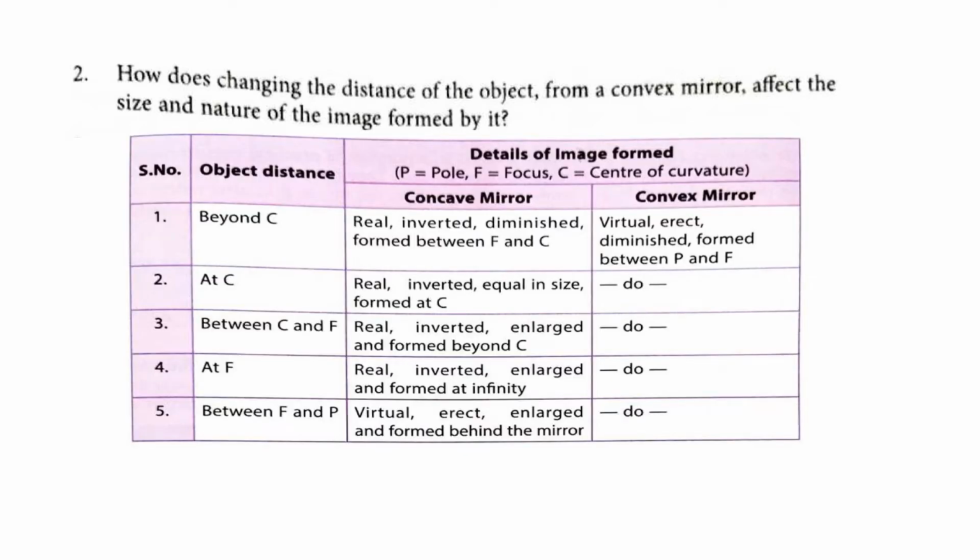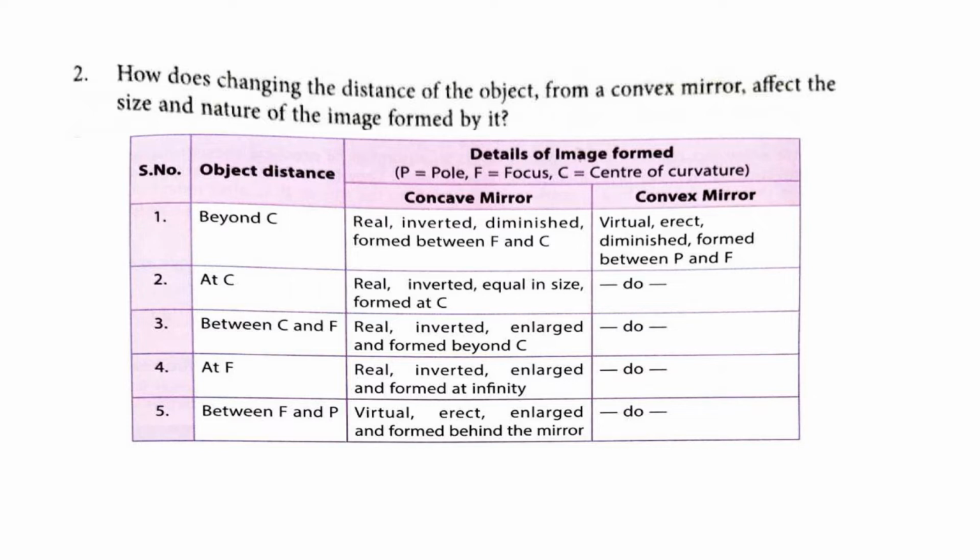So if you observe this small table we have, in the case of concave mirror, it is changing. The image formation is changing. Where it is formed, what are the different characteristics, it is changing. But if you observe for convex mirror, every time it is similar.